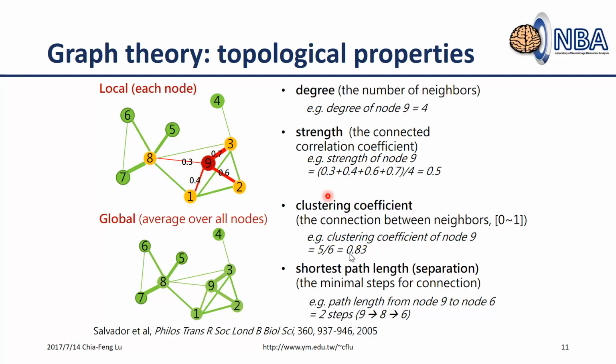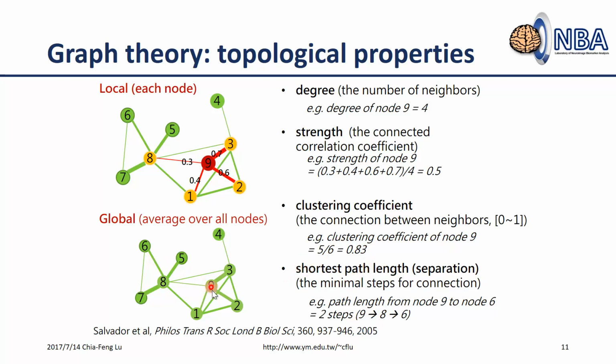Okay. The final one is the shortest path length, or sometimes we say separation. Separation means the minimal number of steps to go from one node to another. For example, from node 9 to node 6, what is the shortest path length?